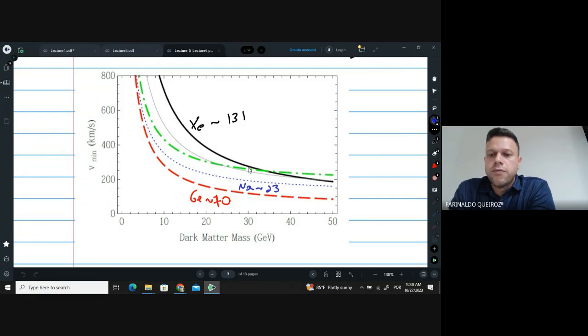For xenon detectors, you typically need a minimum velocity much higher than 600 kilometers per second, let's say at 10 GeV, right here at this point.